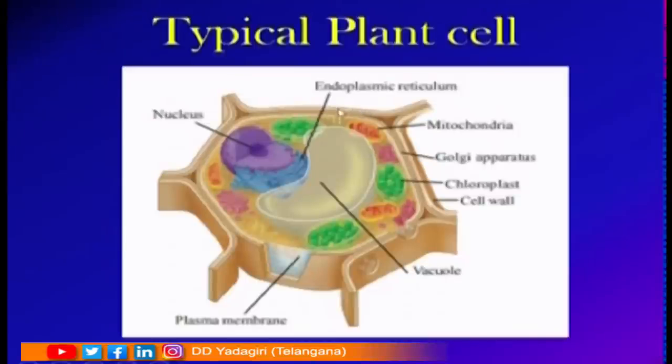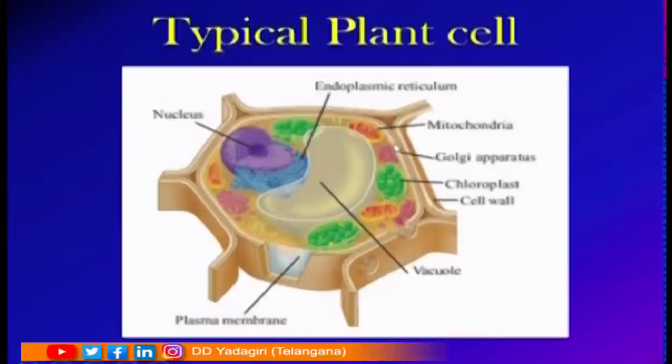This cell wall gives mechanical support to the plant and it also gives protection to the plant. Next to this cell wall, here you can see the plasma membrane, or it is also called the cell membrane. This cell membrane is enclosing all the cell organelles within it.